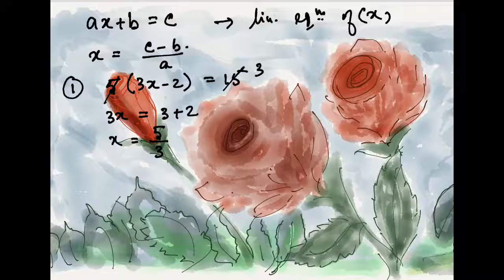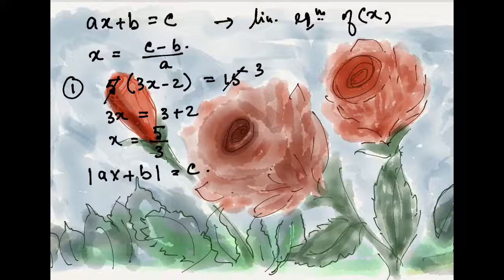Now, when we are doing the linear equation involving absolute values, we can write the same linear equation in the form |ax plus b| equals c.